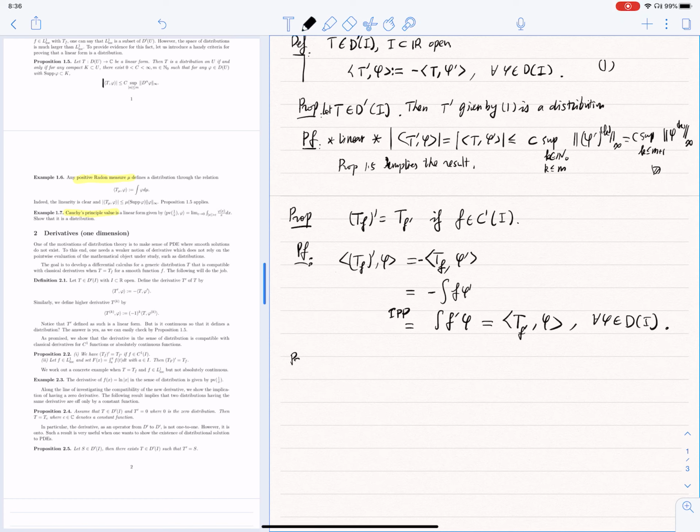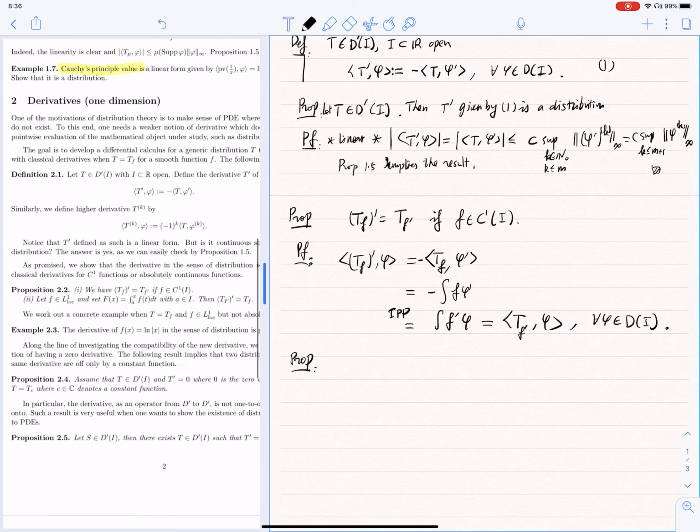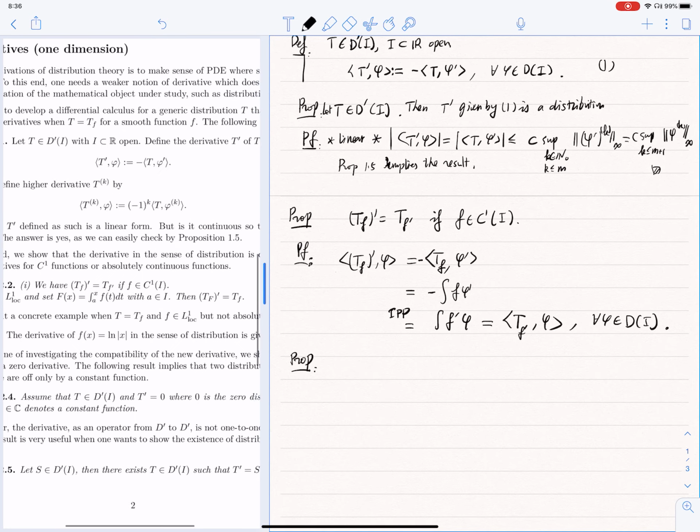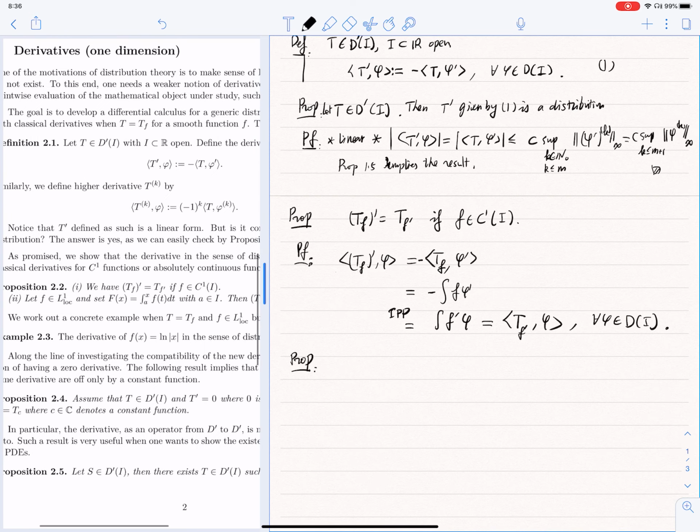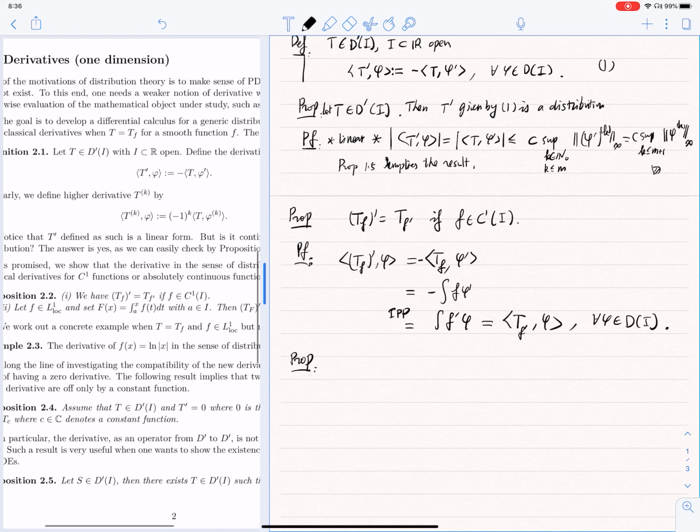Secondly, we consider absolutely continuous functions. Absolutely continuous functions is another way of saying functions of this type, capital F defined on the left hand side. So in proposition 2.2, the second item, we consider capital F, which is the primitive of the function f.